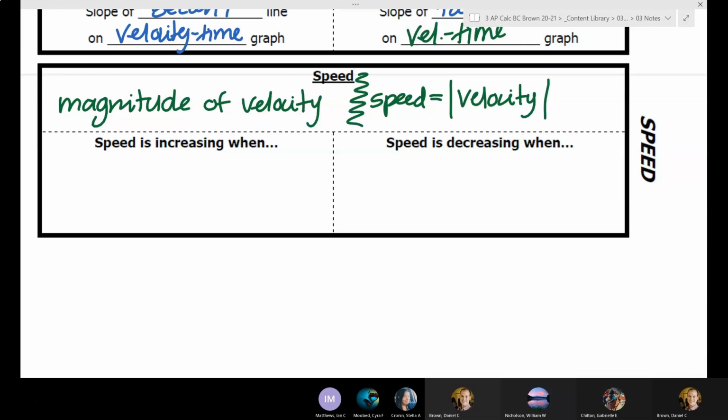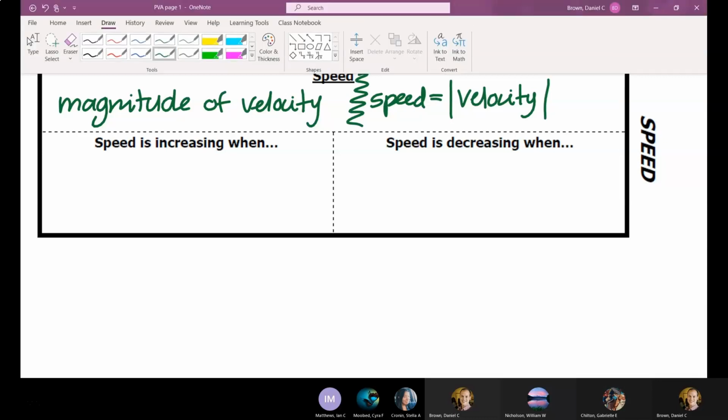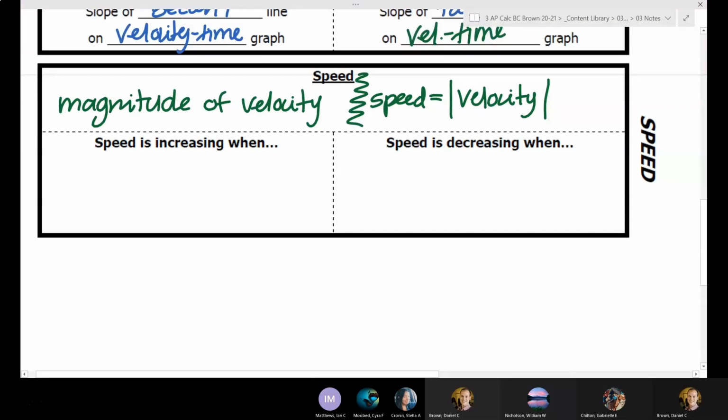When we talk about speed increasing or decreasing, this is different from velocity increasing or decreasing. Speed increasing or decreasing is about how the velocity and the acceleration are working together. An object is going to be speeding up in two cases. It's going to be speeding up when velocity is positive and increasing.